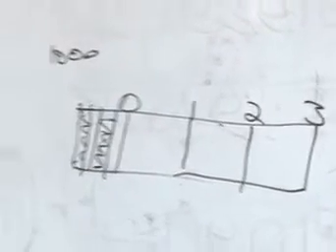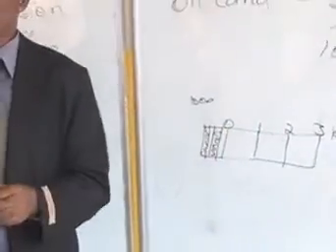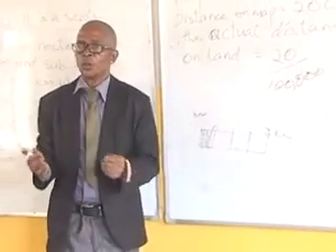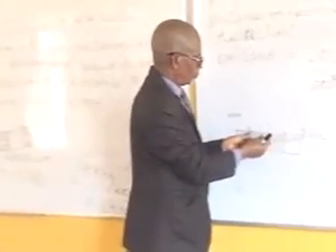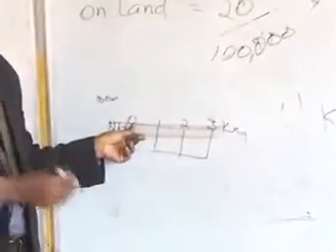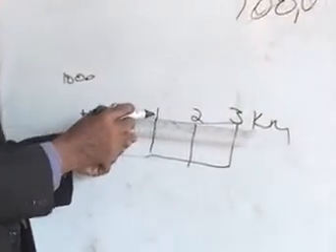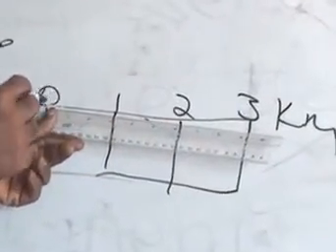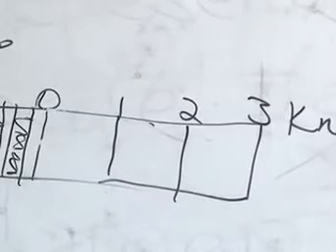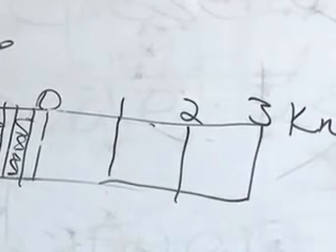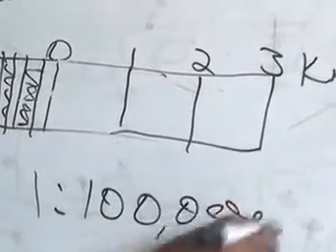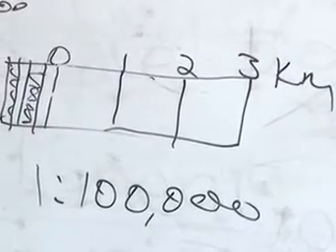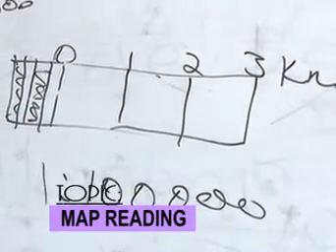Whether JAMB or any other exam body. All you need to do, you pick up your ruler and put it. If your ruler measures 1 cm on 1 kilometer, because this is 1 kilometer, 2 kilometer, 3 kilometer, it means 1 cm on the map represents 1 kilometer on the ground. The scale will automatically be 1 to 100,000, because 100,000 centimeters make 1 kilometer.